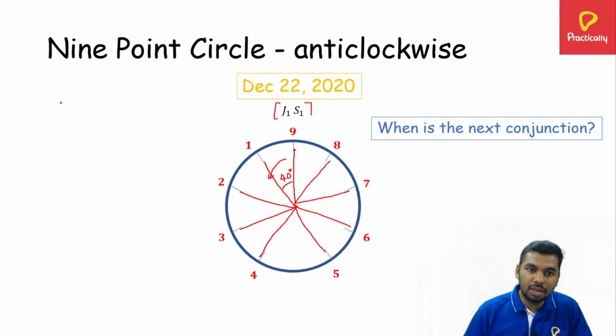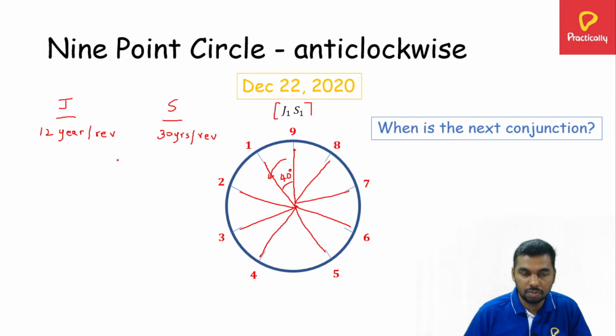So if you see, Jupiter takes 12 years per revolution, whereas Saturn takes 30 years per revolution. So a revolution is 360 degrees in total.